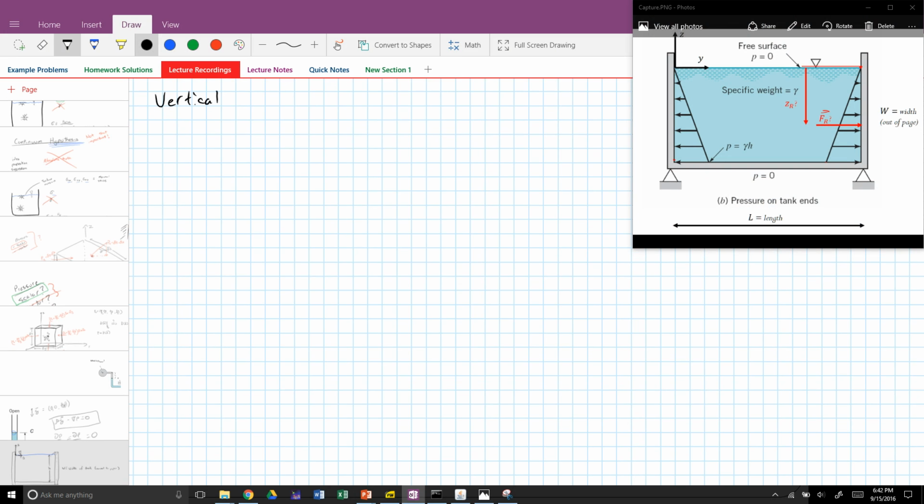And part 1 is going to be calculating the pressure distribution on the wall. I just talked through this while we were in the PowerPoint slide, but let's do it formally.